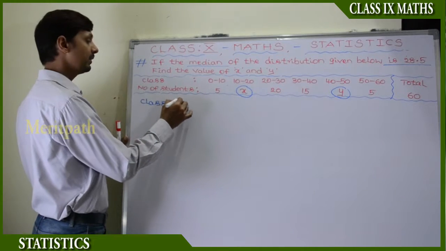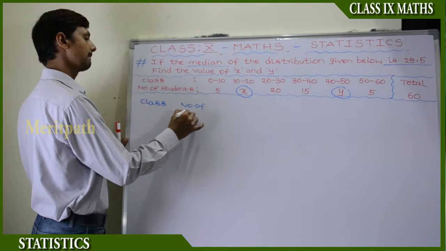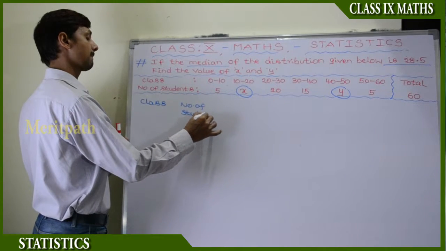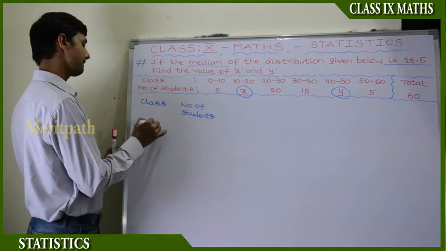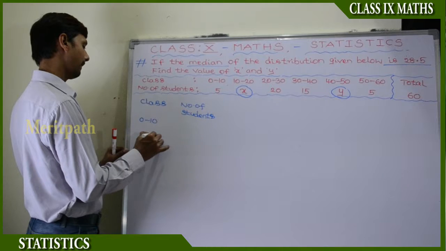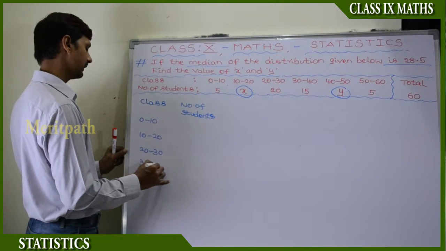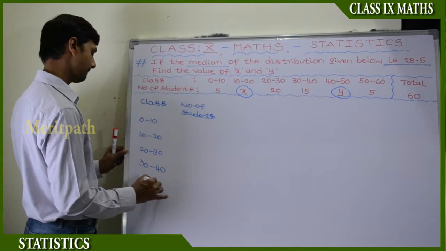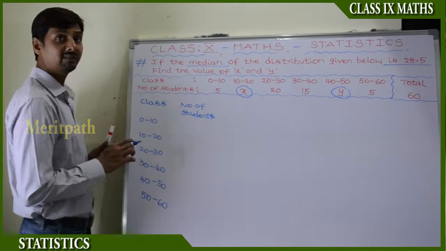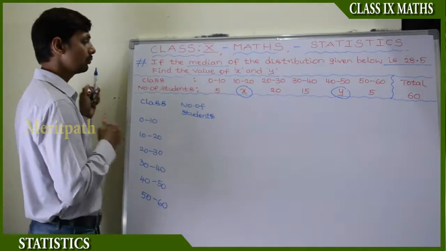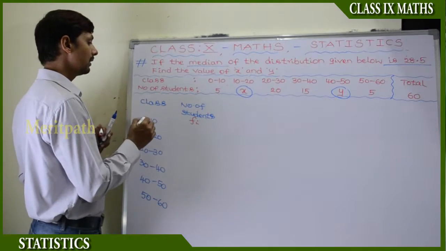The number of students is the frequency. The classes are 0 to 10, 10 to 20, 20 to 30, 30 to 40, 40 to 50 and 50 to 60, and the frequency is f.